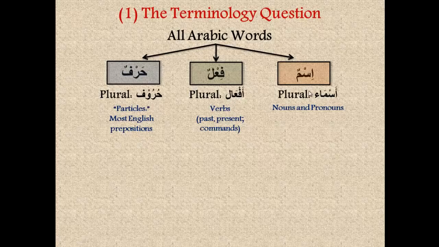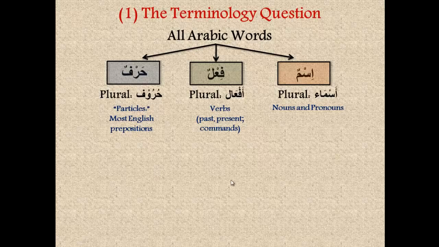Because in order to form them, we had to take apart the singular form, and we had to introduce new letters, and we also had to change the short vowel markings, the harakat. That's why these plurals are considered jam' taksir, broken plurals. So from ism, we have asma', which we've added an alif and a hamza. From fi'l, we have af'al, in which we've added an alif, and harf becomes huruf, in which we've added a waw.